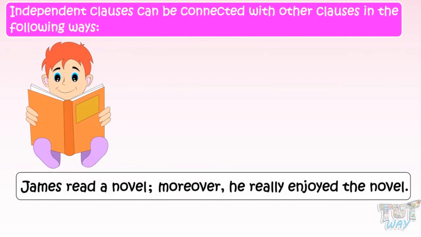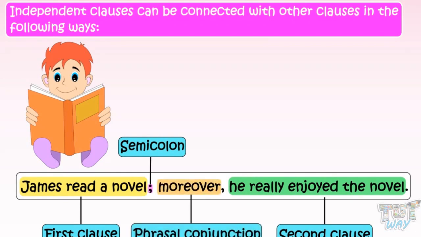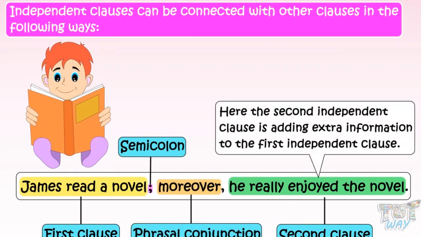Moreover, he really enjoyed the novel. Here, the first independent clause, James read a novel, is connected to the second independent clause, he really enjoyed the novel, by a semicolon, followed by a phrasal conjunction, moreover. Here, the second independent clause is adding extra information to the first independent clause.